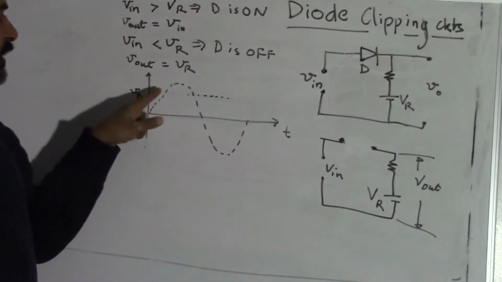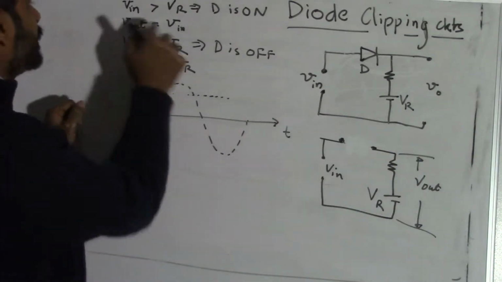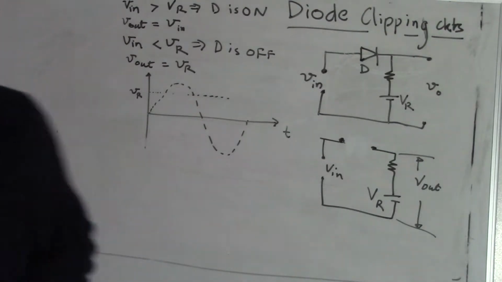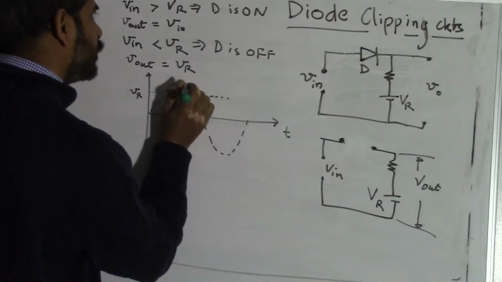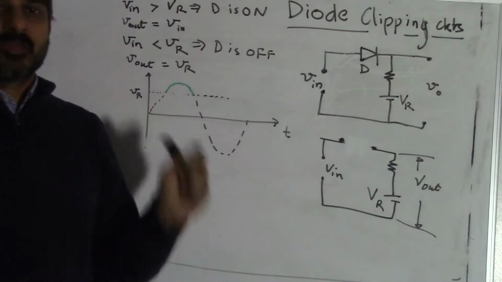So if V in, the input voltage, becomes greater than VR, then we get the output voltage. The output voltage I am showing, maybe I should use a different color, is this one. The output voltage, which is shown in green, is the same as the input voltage.